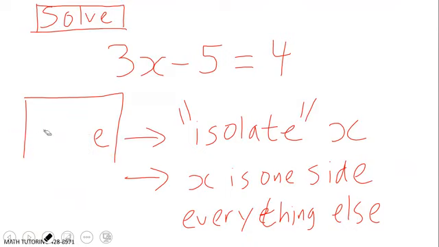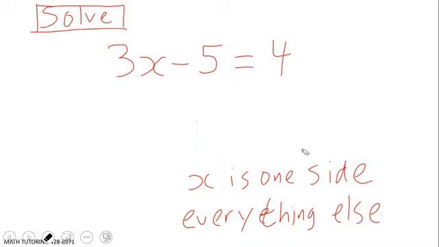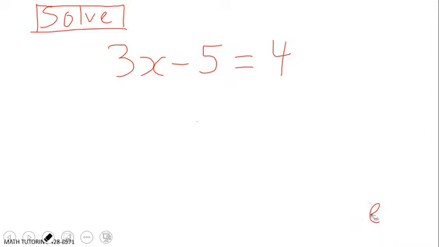You say, Isaac, what do you mean? I'm going to show you right now. Notice that x is attached to a 3, right? Notice that we have this side of the equation. We call that one side. This is one side of the equation, and this is the other side of the equation.